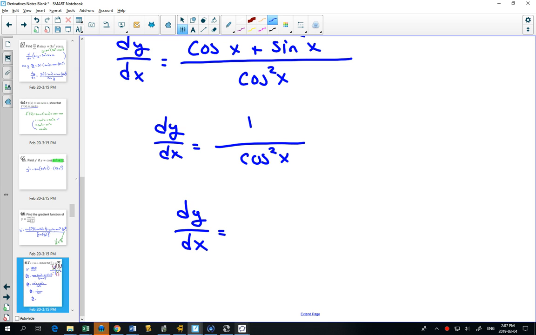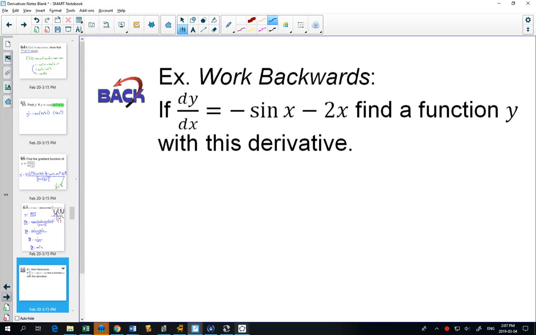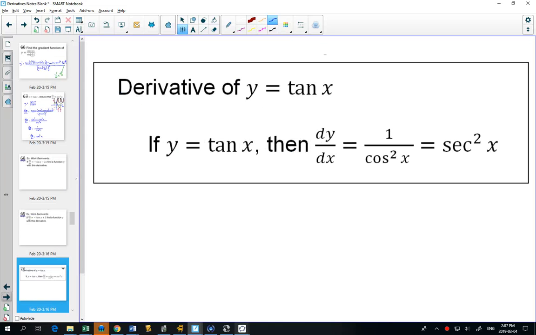And so I get 1 over cos squared, and 1 over cos squared is the same thing as secant squared. So now, I have it in a box two slides later, that the derivative of tangent is secant squared.